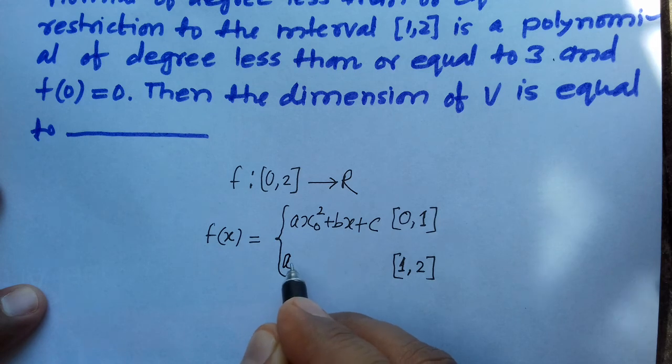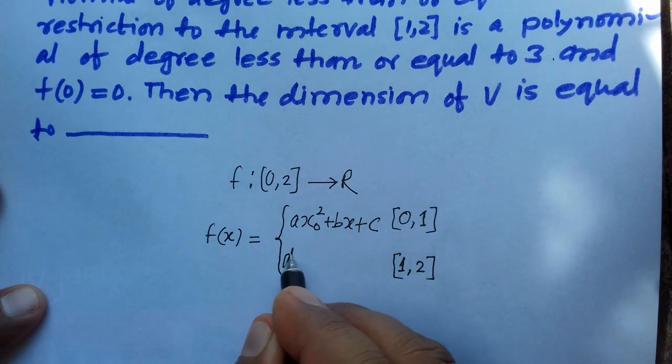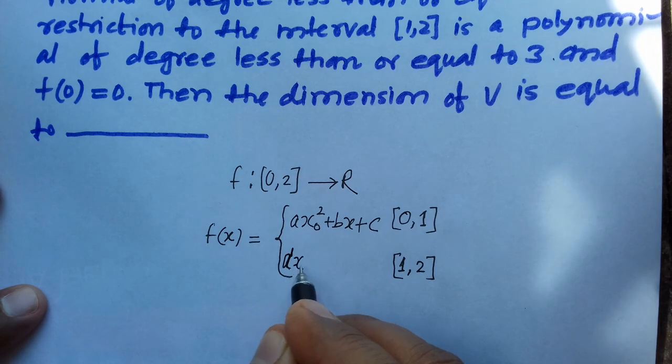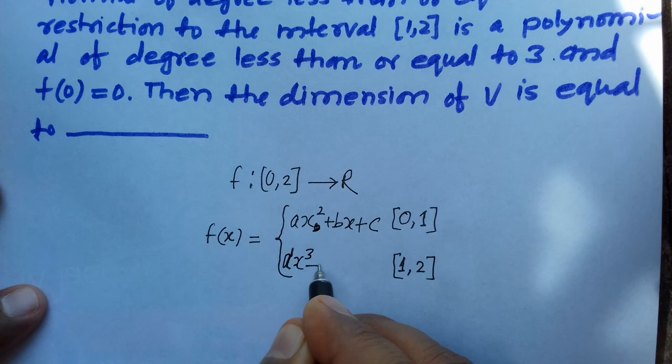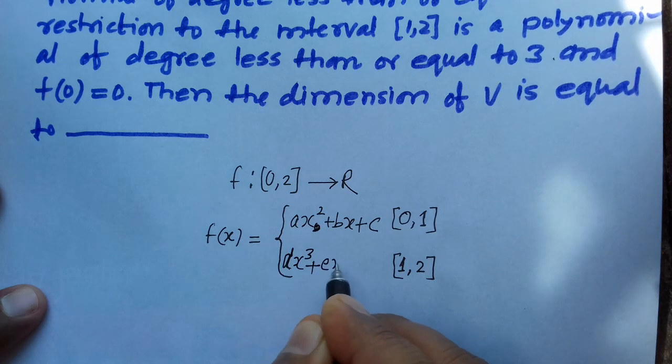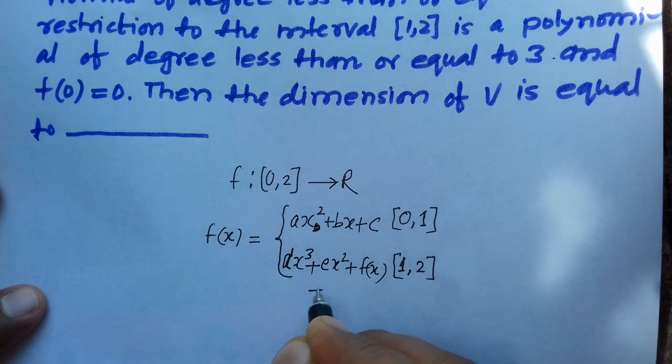So here we can put some other coefficients, suppose a b c d, here d x cube plus e x square plus fx plus g.